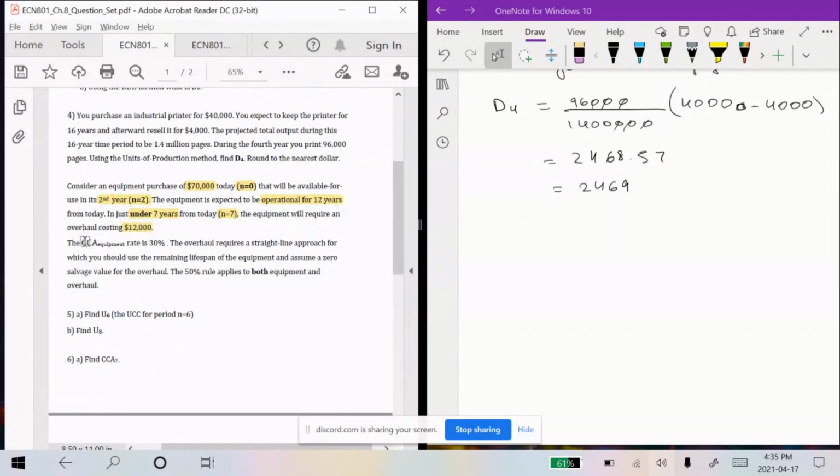The CCA rate for the equipment is 30%, and the overhaul requires a straight line approach. So for calculating the CCA for the overhaul, we'll use the straight line approach, but for the equipment itself, we'll use a declining balance method. Assume zero salvage value for the overhaul. Okay, 50% rule. All right, I'll talk about this rule.